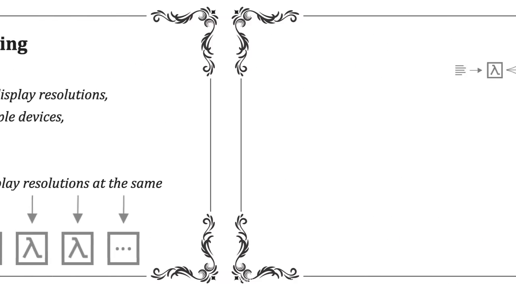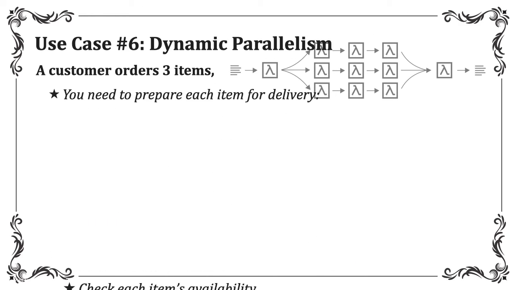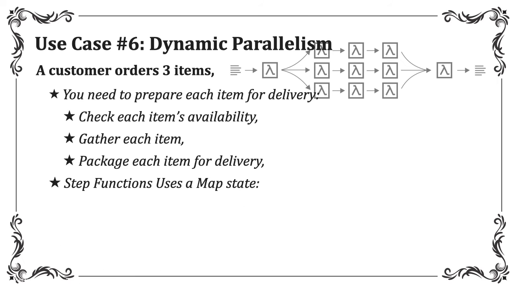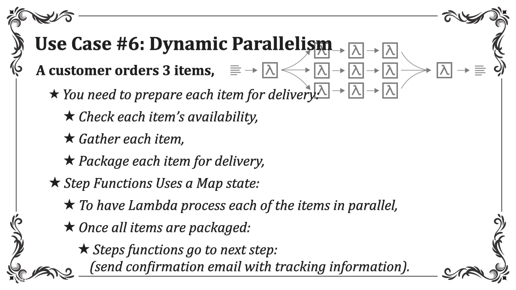Use case number 6, dynamic parallelism. In this use case, we have a customer that orders 3 items, and you need to prepare each item for delivery. So you check each item's availability, then you gather each item, and then you package each item for delivery.